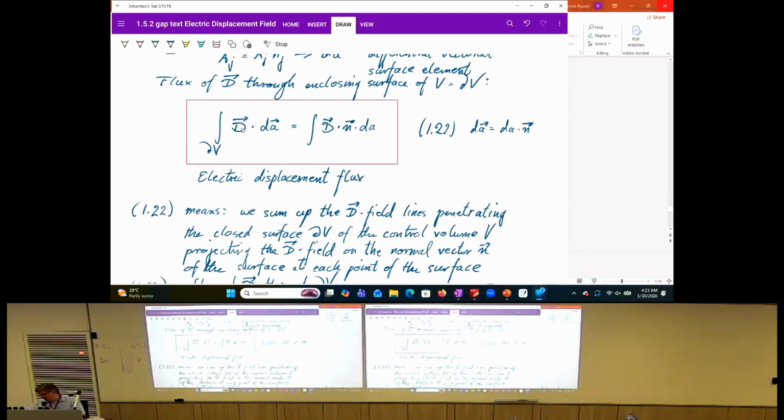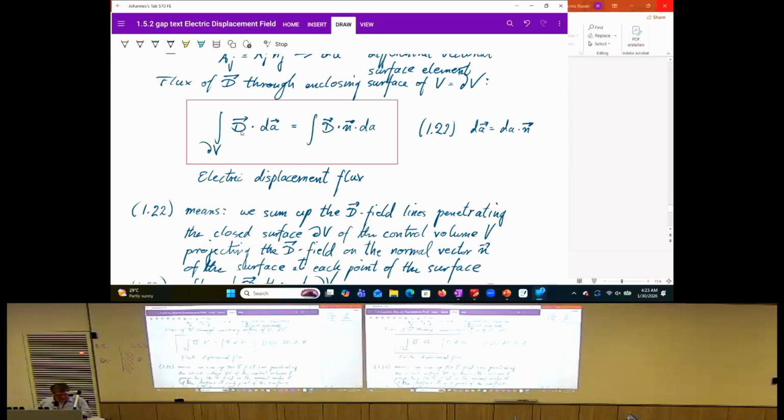That we have here at each point of that surface which is enclosing the volume, it's a closed surface, and at each point of the surface we take the component of the displacement field which is aligned with the normal component of that surface element and sum it up by doing this integration.